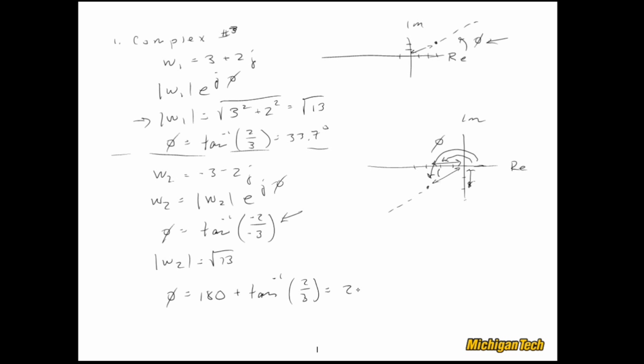And add all that up and you get about 213.7 degrees. Very different phase angle, and clearly it looks about right from this picture right here. Great, so a little introduction, a little review of complex numbers. Now let's go after the polynomial in s problem.